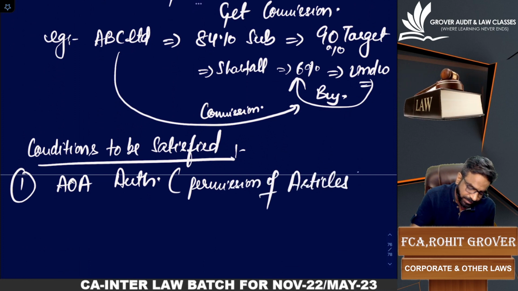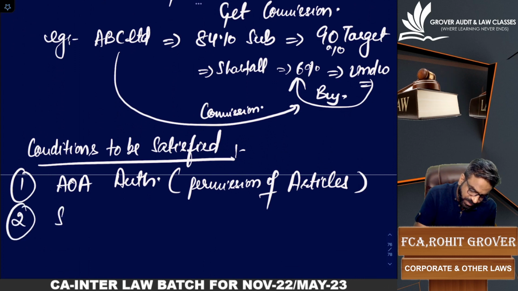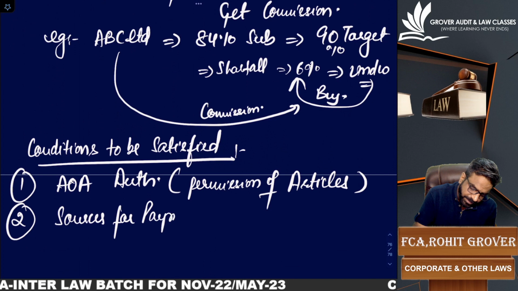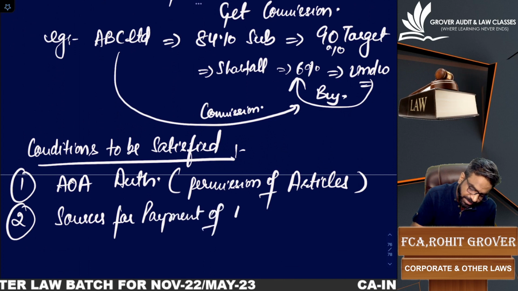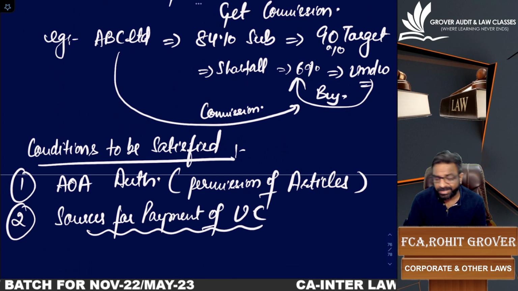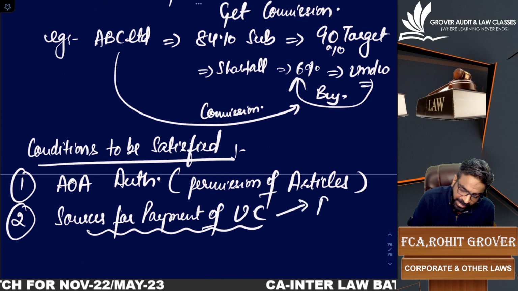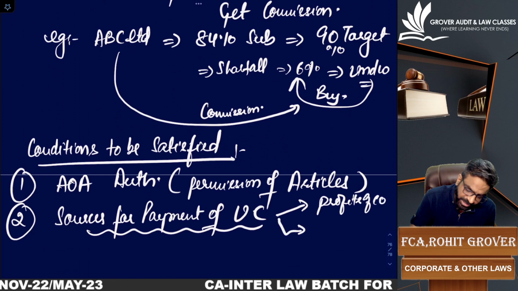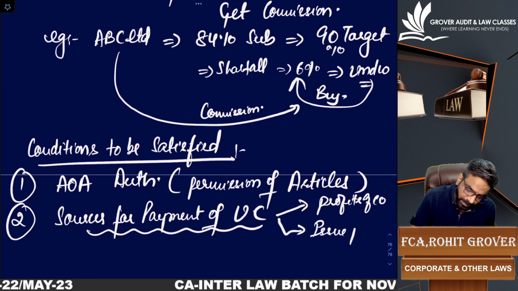Point number 2. Sir, what are the sources for payment of which commission? Underwriting commission. From which source can we pay the underwriting commission? Underwriting commission can be paid either from the profits of the company or from the issue proceeds of the company.